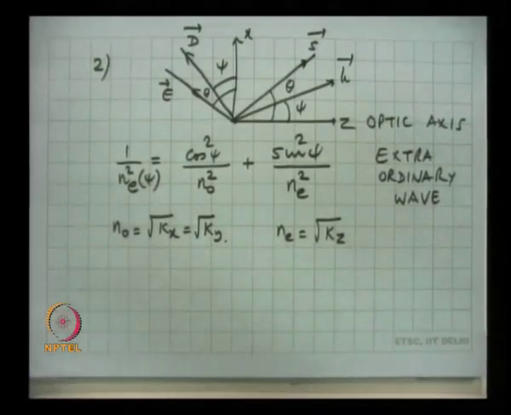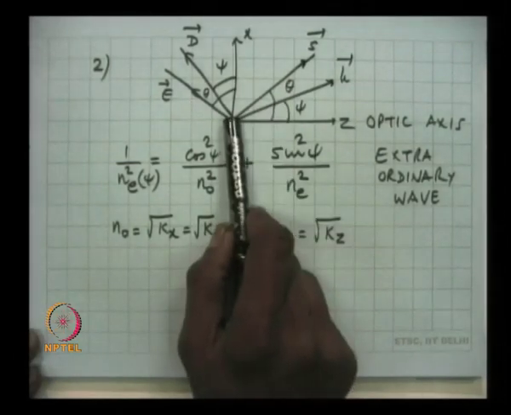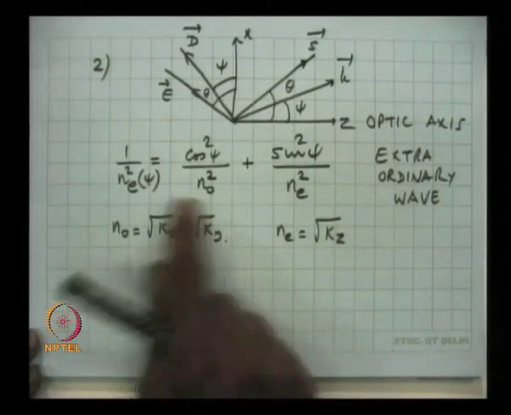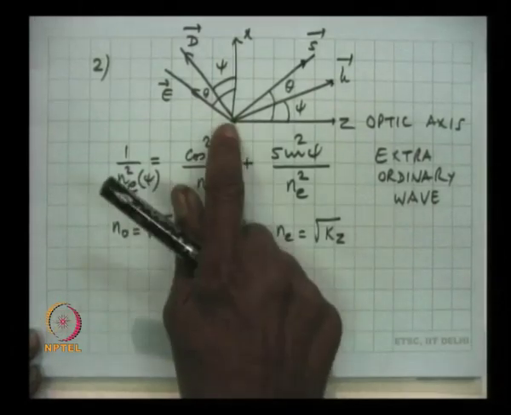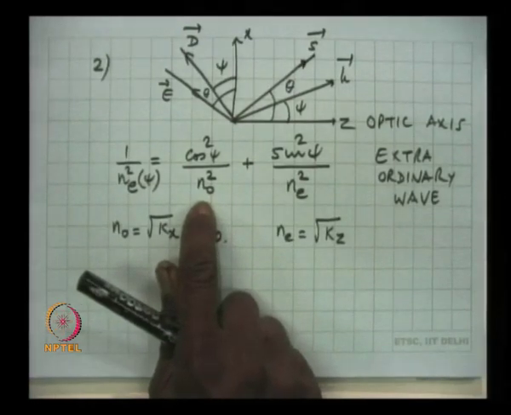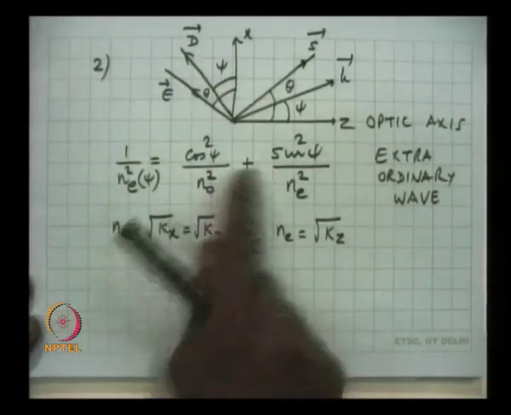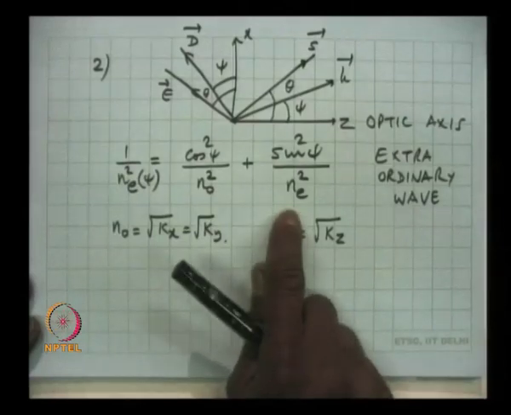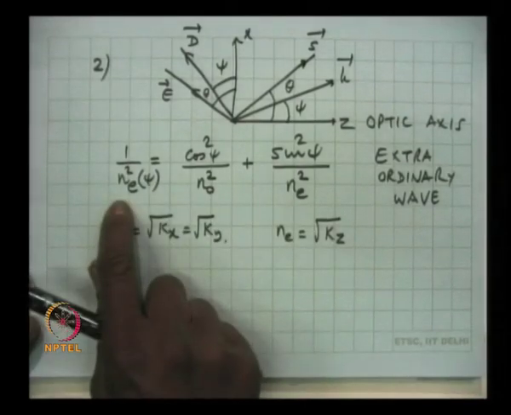As you can see from here, if psi is equal to 0, then the propagation is along the optic axis and Ne of psi becomes NO, and that is the definition. The optic axis is the direction when the refractive index seen by the ordinary wave and the extraordinary wave become equal. If psi is 90 degrees, then I propagate perpendicular to the optic axis, then Ne of psi becomes Ne. So, Ne is the refractive index of the extraordinary wave if it propagates perpendicular to the optic axis.